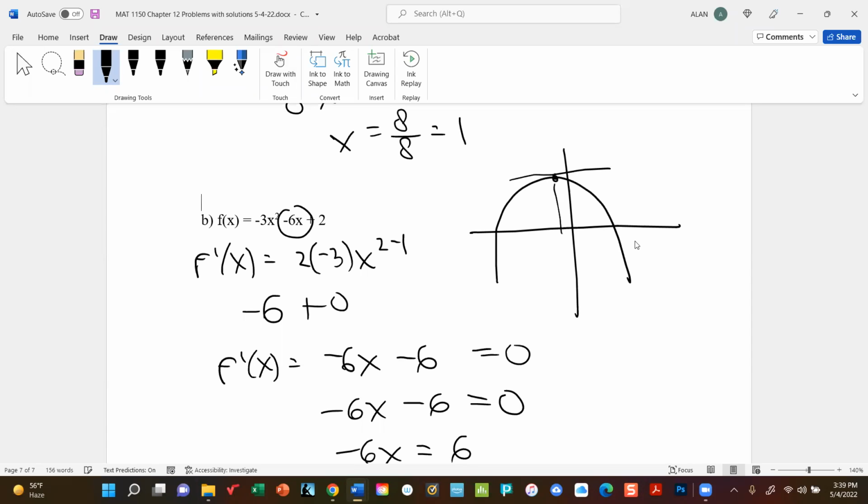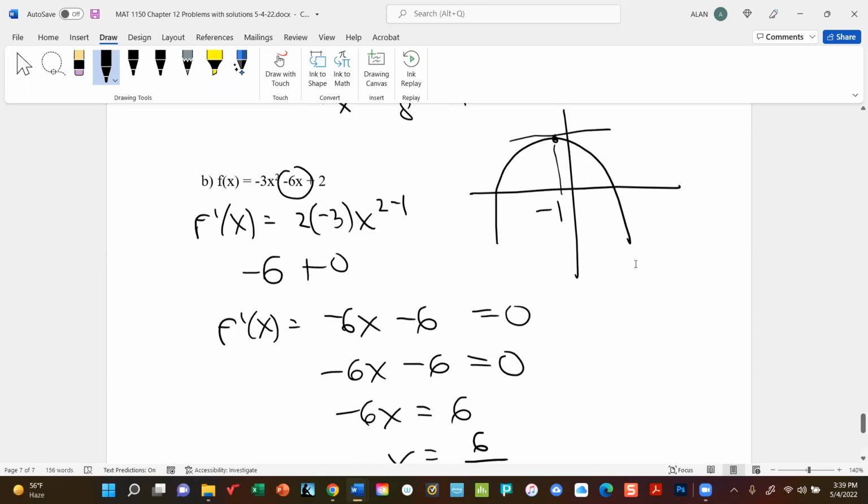X is negative 1. So if we need to know what y is at that point, just plug that into the original function.